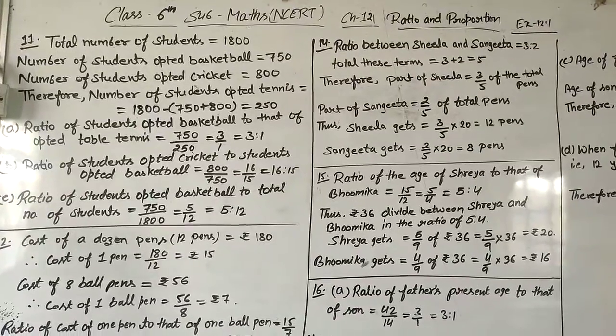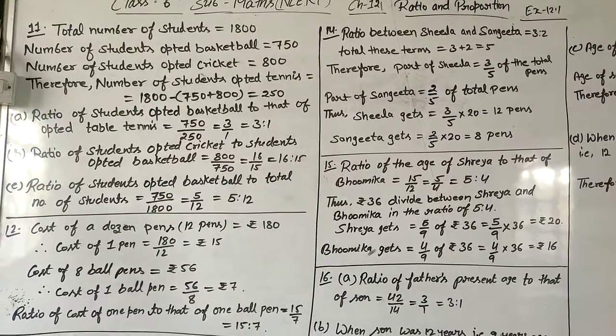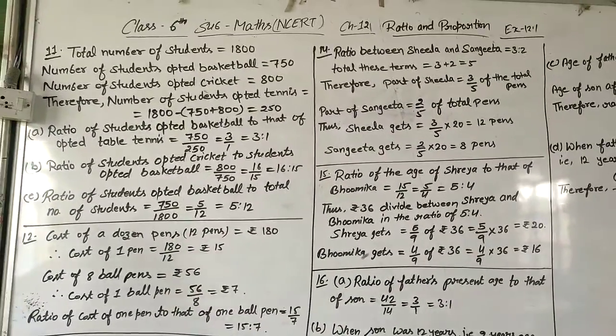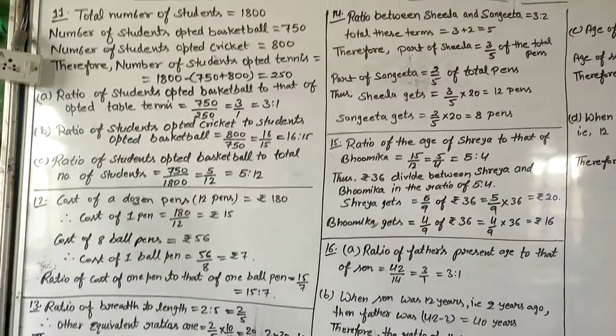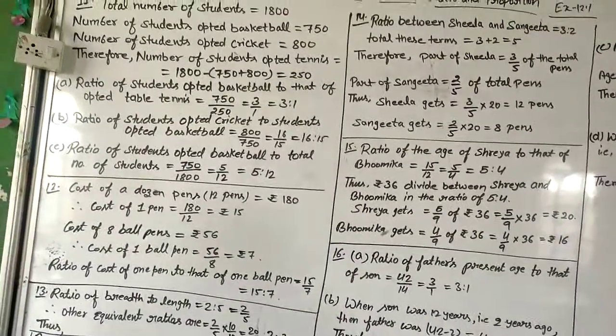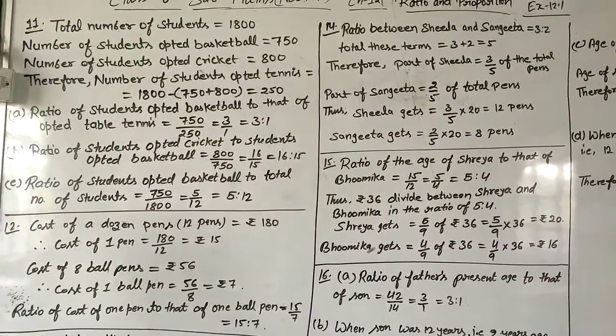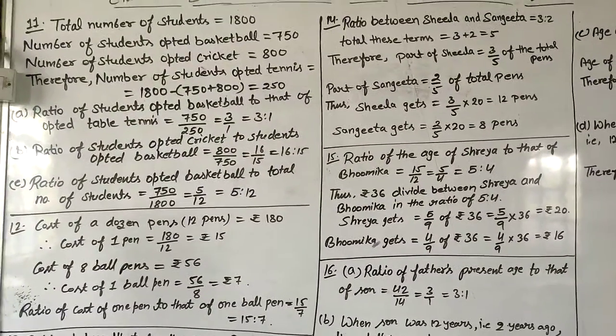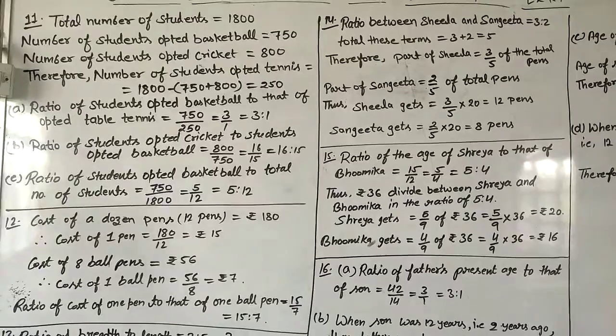Question number 11: Out of 1800 students in a school, 750 opted for basketball, 800 opted for cricket, and the remaining opted for table tennis. If a student can opt for only one game, find the ratio of: A, the number of students who opted for basketball to the number who opted for table tennis.